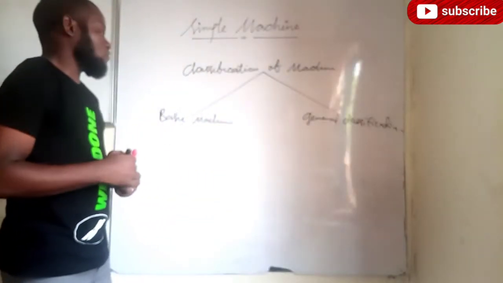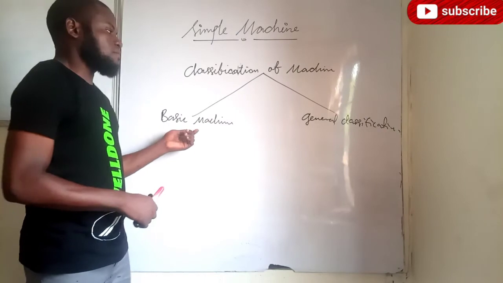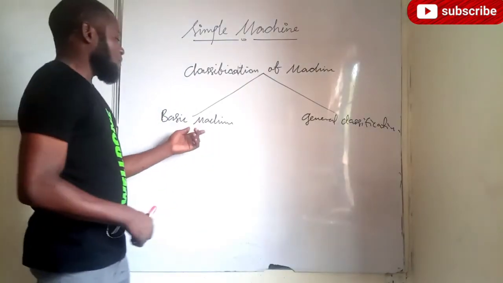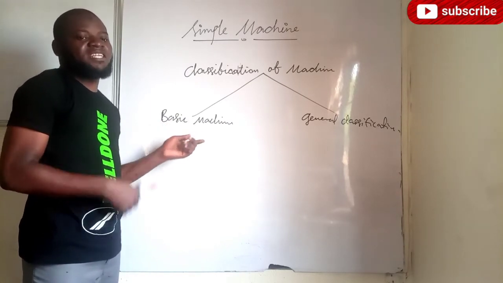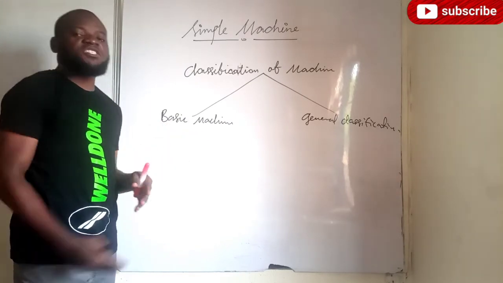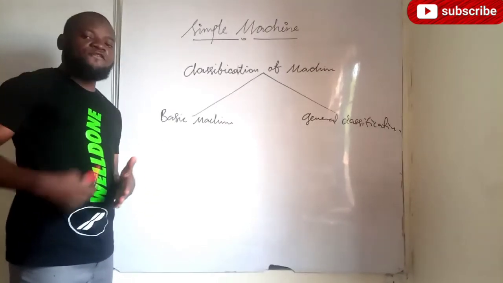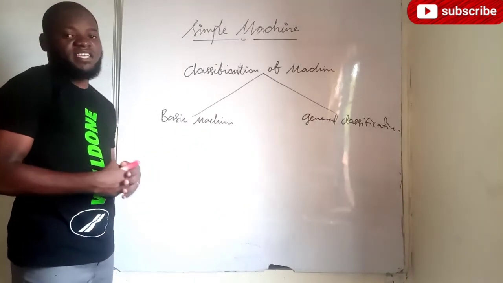These are the two ways in which we can classify a machine: basic machine and general classification. When you talk about basic machines, those are machines that other forms of machine are made from. That is, you produce other forms of machine from basic machines, and they are just three in number.